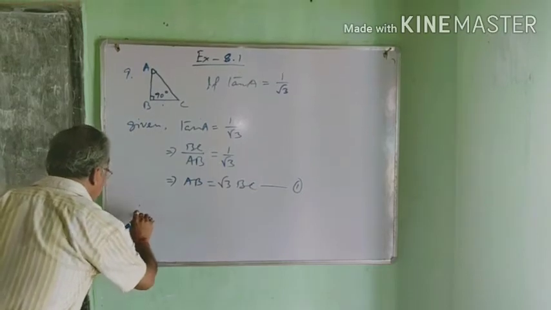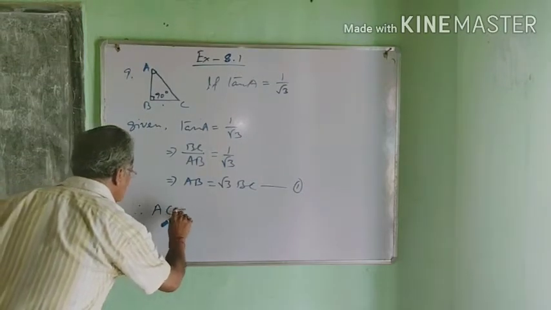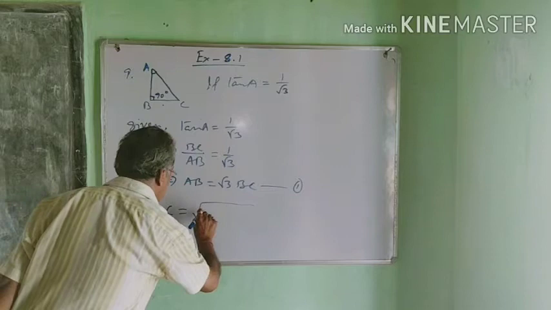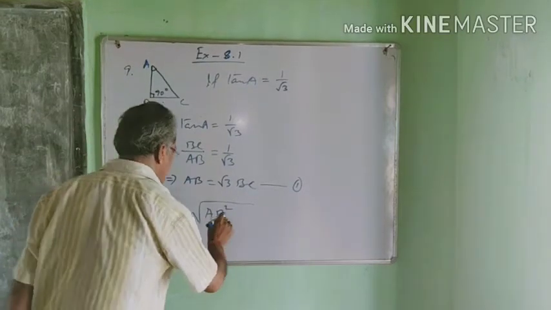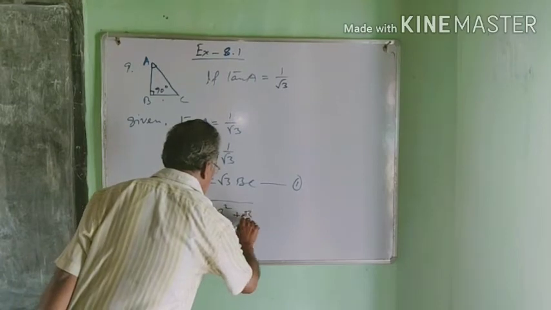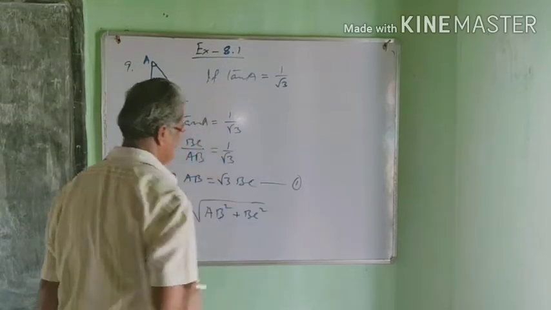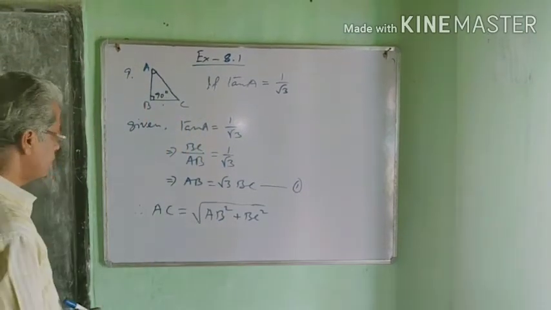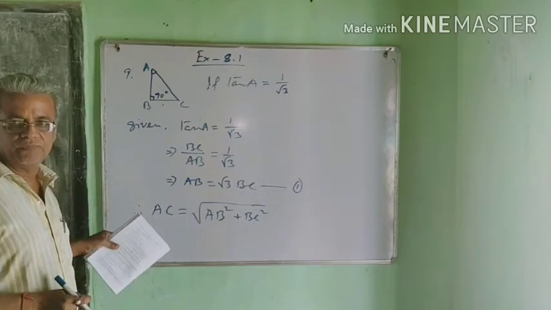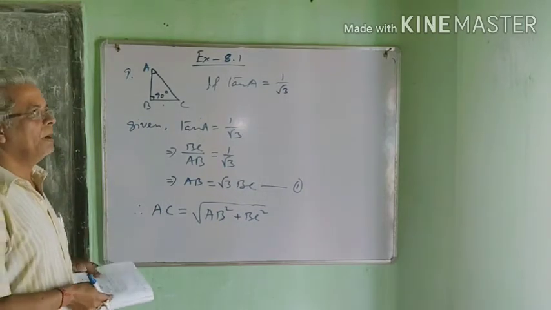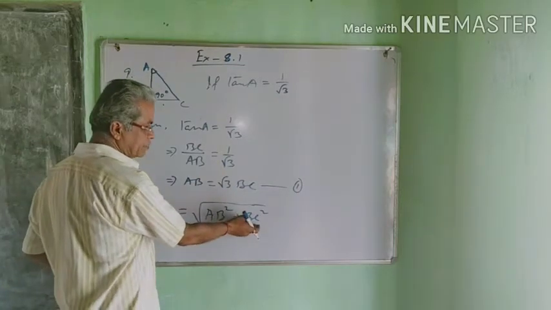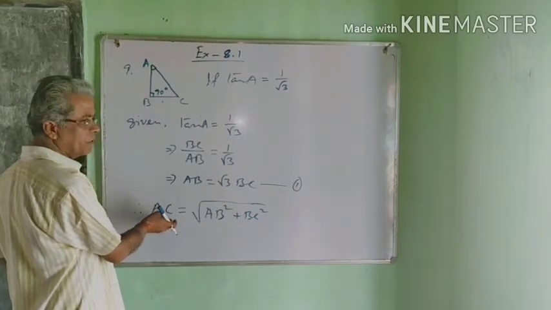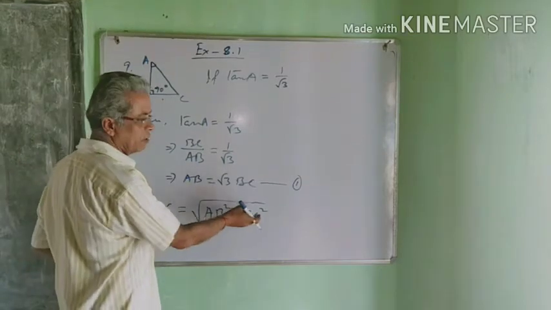Therefore, AC is equal to root over AB square plus BC square, by Pythagoras theorem. Hypotenuse square is equal to perpendicular square plus base square. So hypotenuse is square root of perpendicular square plus base square.